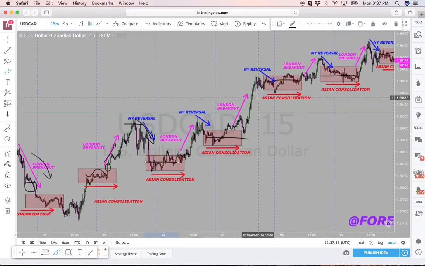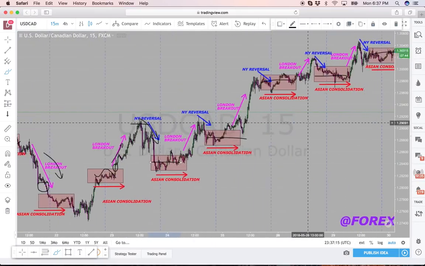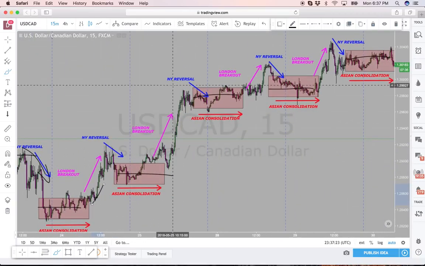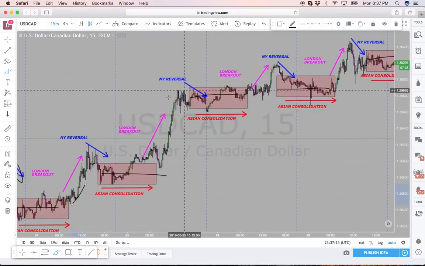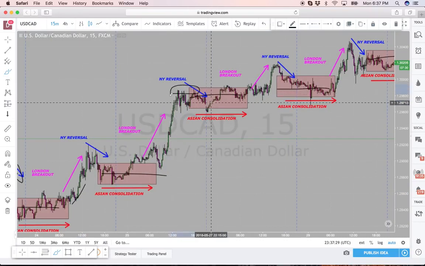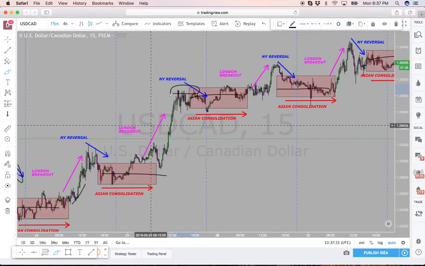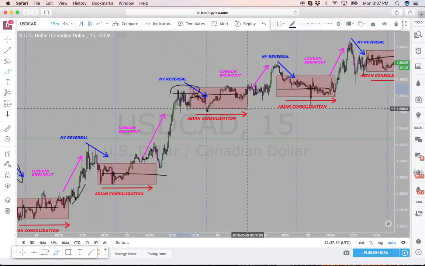So, going with the uptrend, we have London session. Going with the trend, breaking out of that consolidation, New York reversal. London session, New York reversal. New York reversal almost always is going to have the M formation if it's going against the trend and it's an uptrend, and then vice versa.